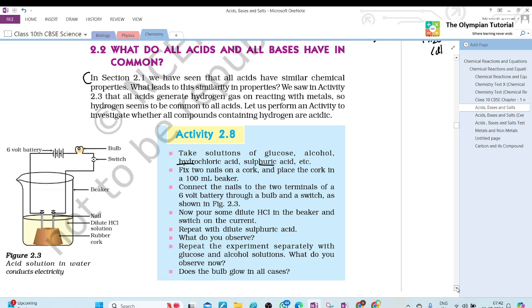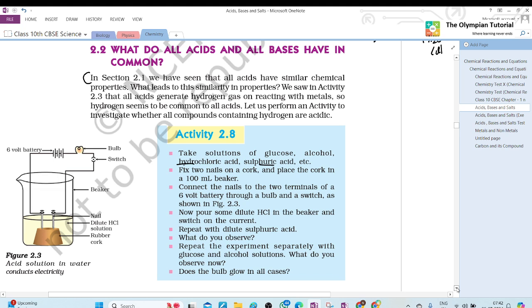What do all acids and all bases have in common? In section 2.1, we have seen that all acids have similar chemical properties. What leads to this similarity in properties? We saw in activity 2.3 that all acids generate hydrogen gas on reacting with metals. So, hydrogen seems to be common to all acids.